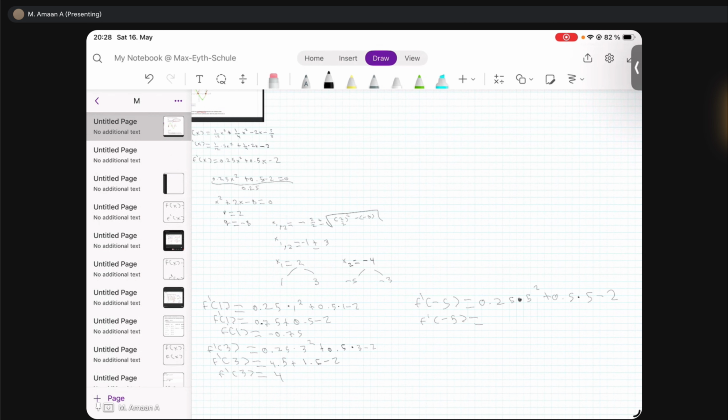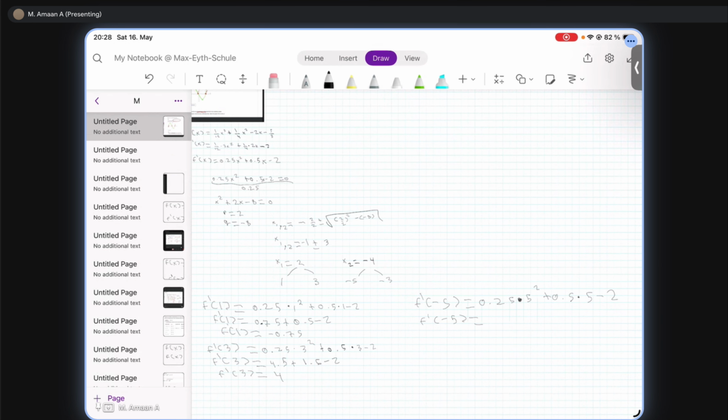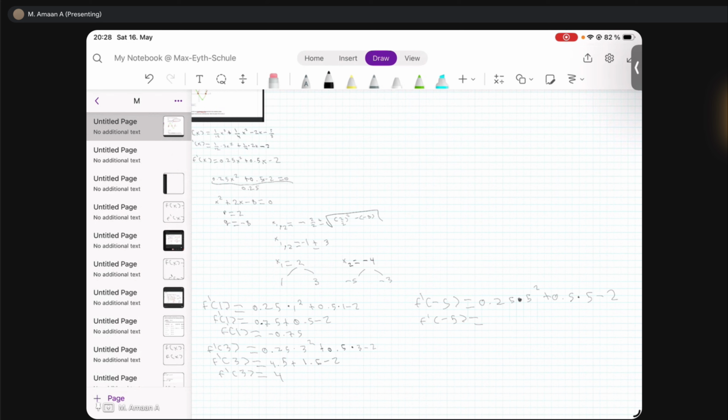So at x equal to what? Not one. You are checking for two. You know your x1 was two. So what is the y coordinate corresponding to two? What is the y value at two?